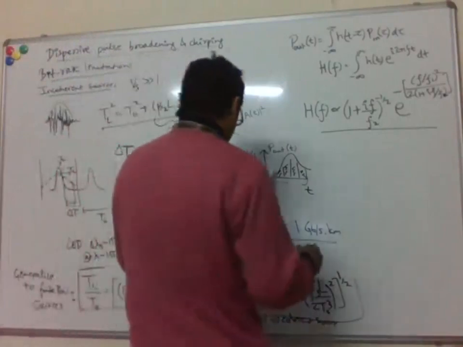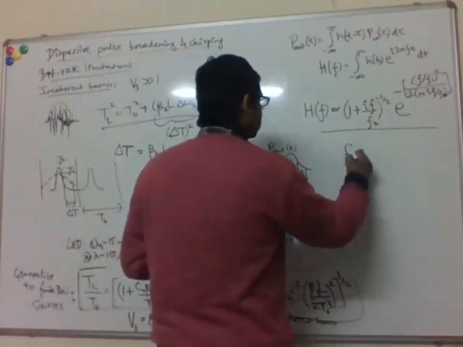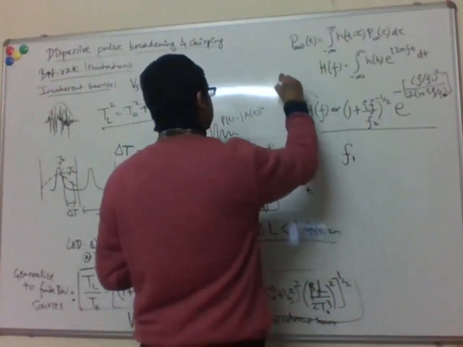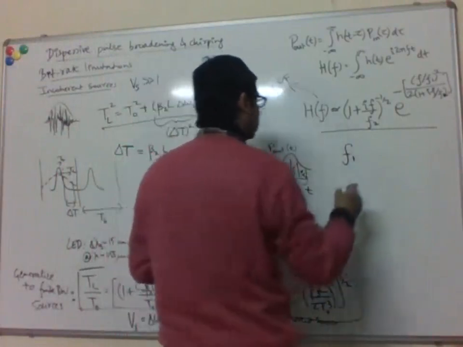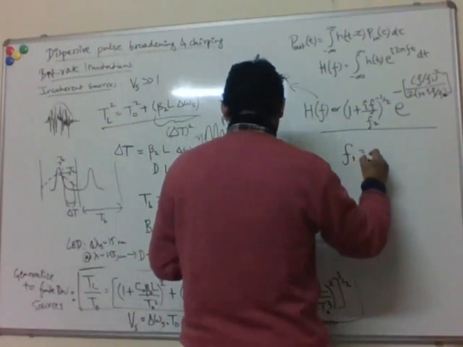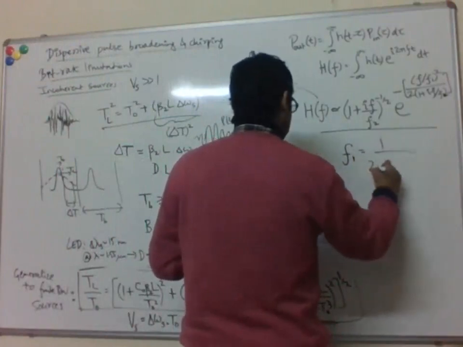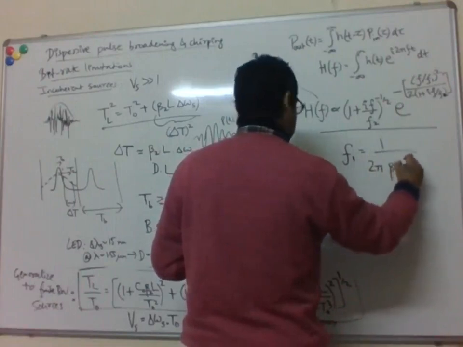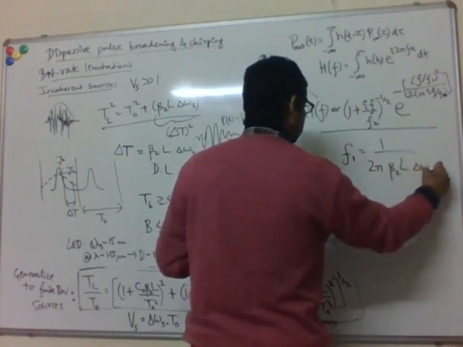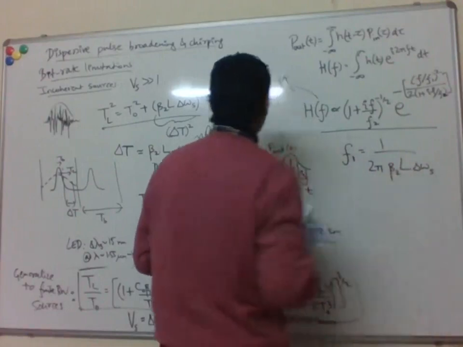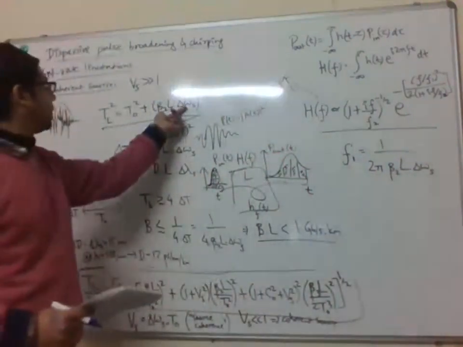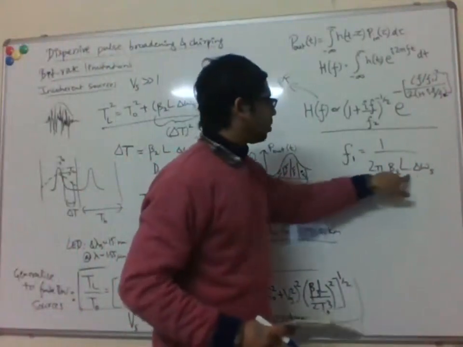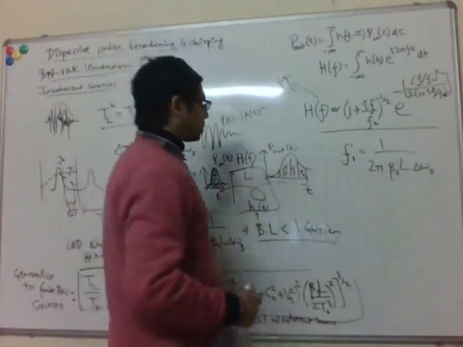Right, so F1 and F2 are constants here. F1 basically looks like a low pass filter, and F1 depends on beta 2. This broadening factor is like beta 2 L, so F1 is basically 1 over the broadening factor.